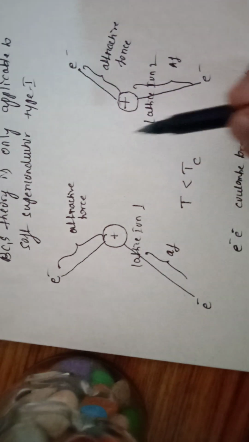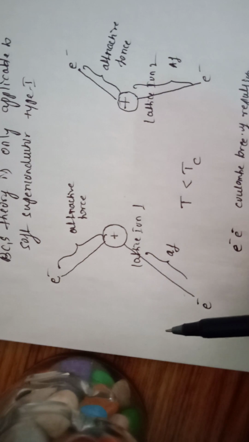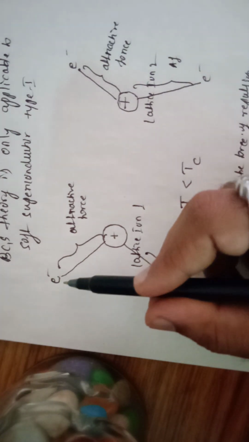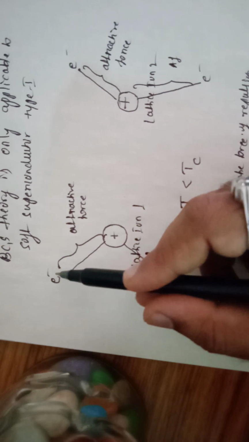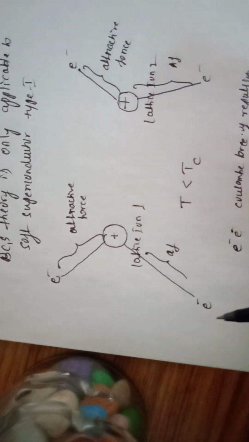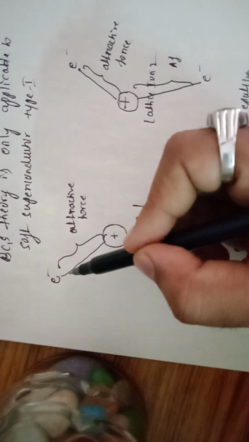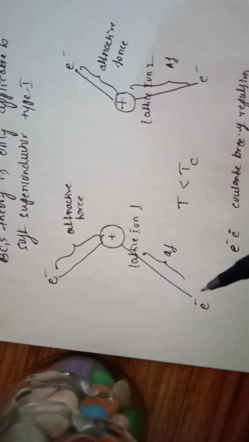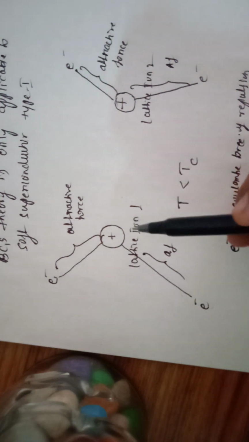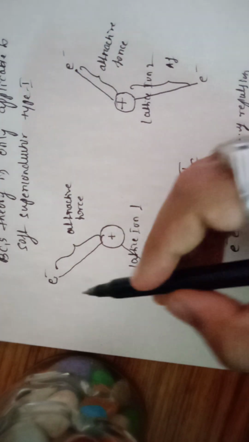But if you bring down the temperature of the system very low, the fermions become bosons. Then these electrons cannot feel the repulsion of those electrons because they have integral spins, not half integral spins, and they cannot feel the repulsion because this attractive force dominates this repulsive force.